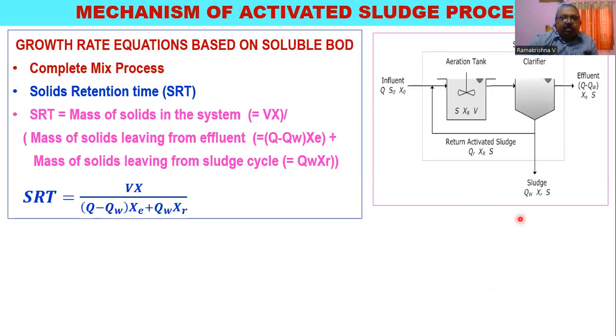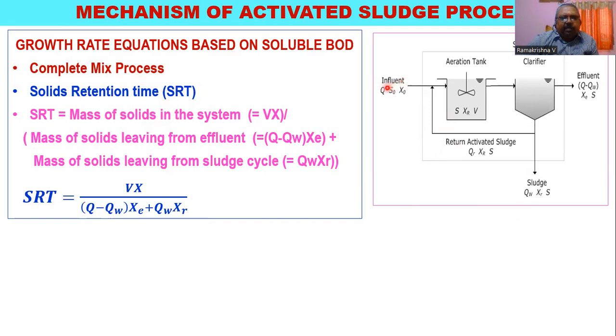Now the other one: we are talking about the complete mix process, solids retention time. How are you going to calculate this? We already discussed it in the video, but is there any change in the definition? There is no change in the definition.